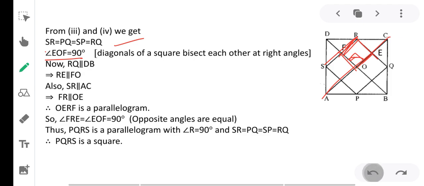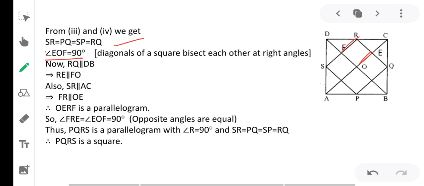That means the quadrilateral OERF is a parallelogram. Clear? Because opposite sides are parallel, so we can say this is a parallelogram.